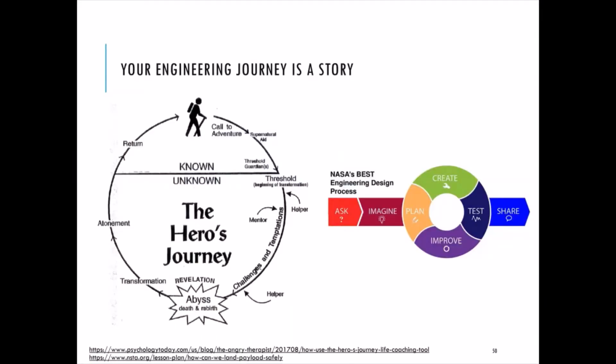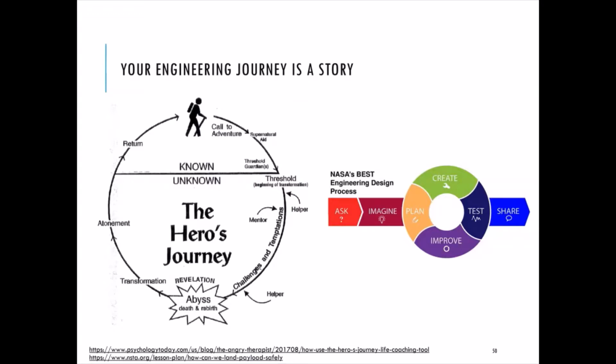So engineering design is just like telling a story. You may have heard of the monomyth or the hero's journey. It's essentially a formula that has been used for years and years to tell variations of the same story. Everything from Harry Potter to Star Wars to Hunger Games, Lord of the Rings, they all kind of follow the same formula, and it's just a matter that the details are different.